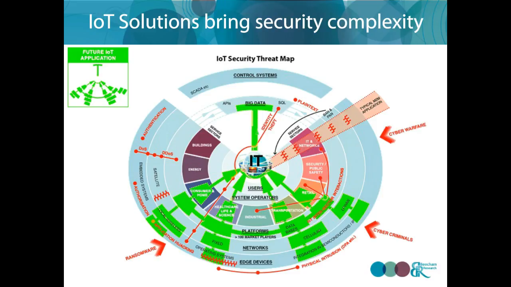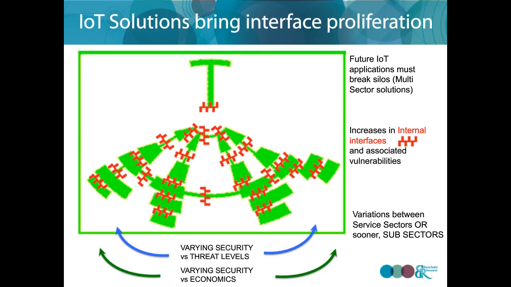So what does that mean in terms of vulnerabilities? Well, if you abstract it, then you get this sort of diagram which shows all of the interfaces that may need to be protected for that overall solution to work. And as you can see, it's much more complex than the situation in a typical M2M application.